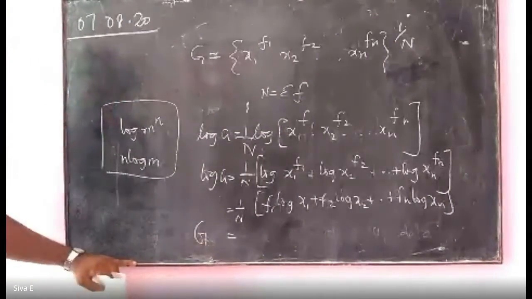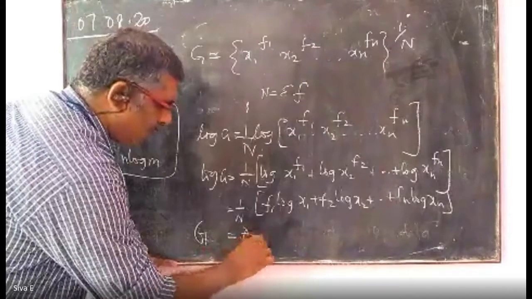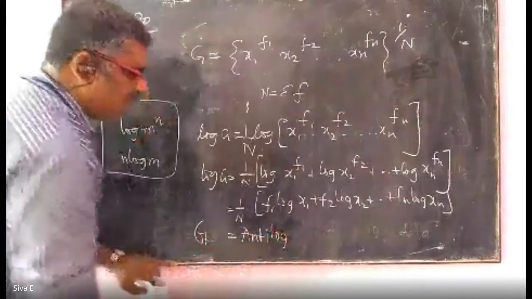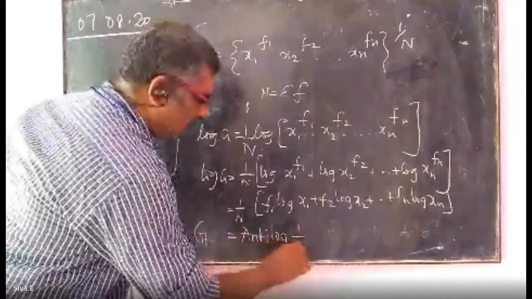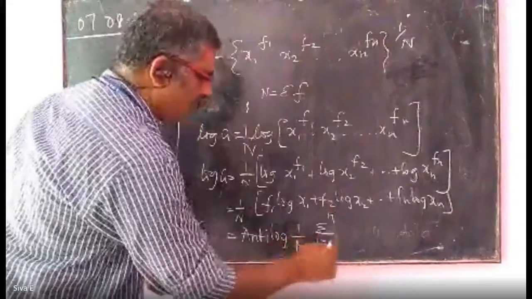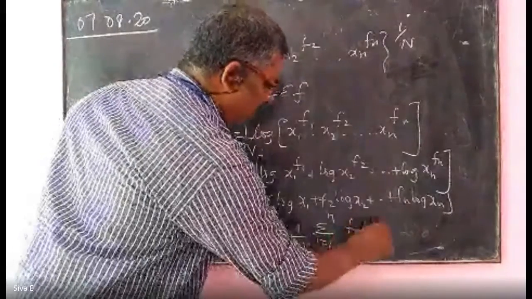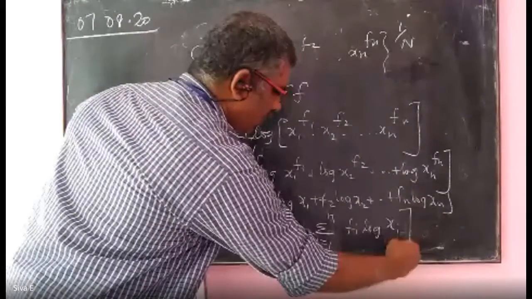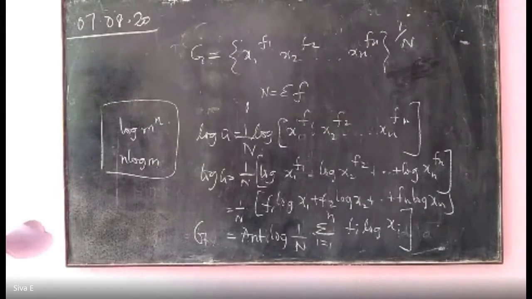I write what is G here: G equals anti-log of, I skip only one step, anti-log of 1 by N summation of i equal to 1 to n fi log xi.